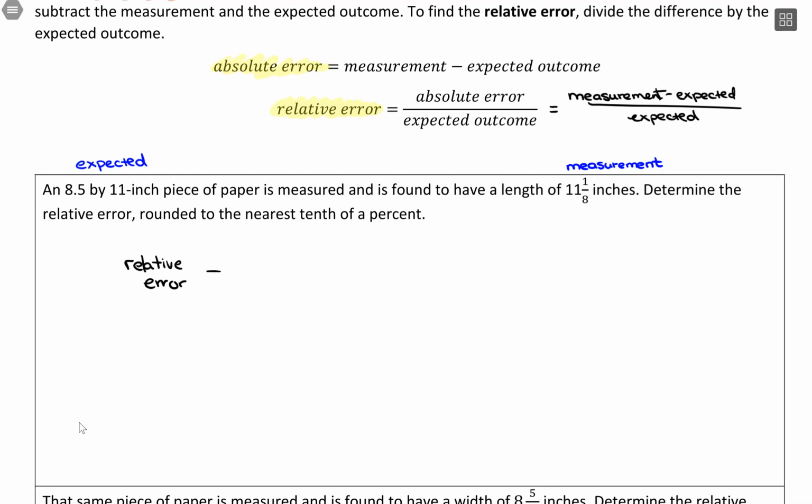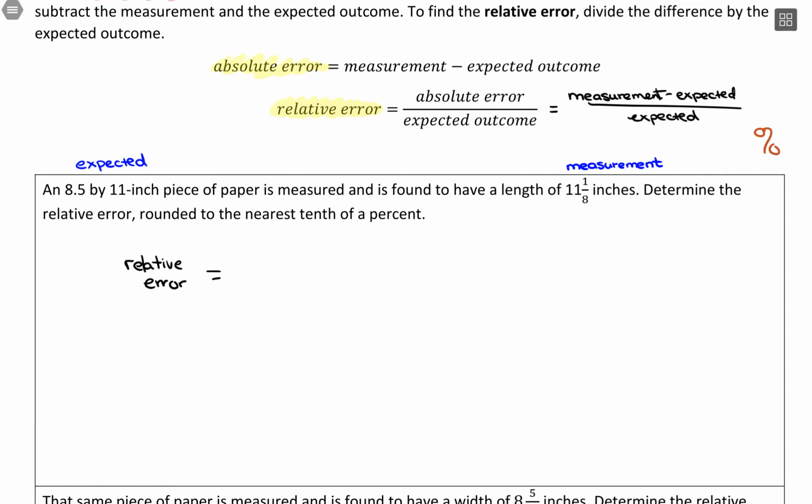We're going to take our measurement, which is 11 1/8 inches. Because we're trying to get a percentage out here, we're going to be working with decimals. So worrying about fractions here isn't worth it. You can change this to a decimal, or just completely rely on the calculator.